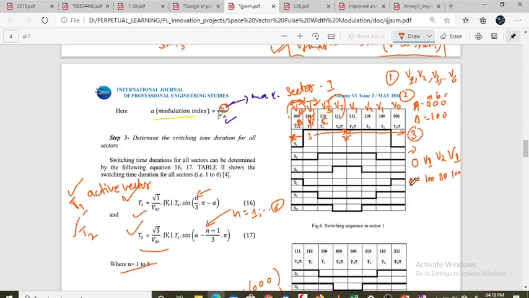So for the phase switching in consecutive intervals, the phase transition should be such that only one phase transits. Okay, so here phase B, see, right, so here 0 to 1 only transits, the other remains the same.